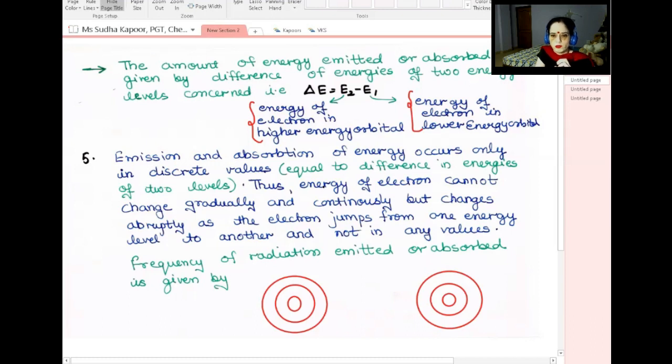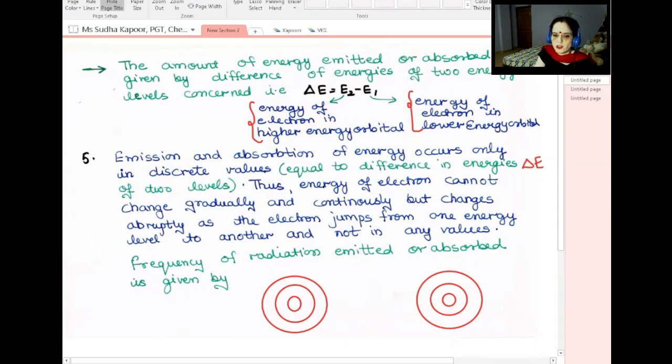So emission and absorption of energy occurs only in discrete values, which are always equal to the difference in energy of the two levels, that is delta E. Thus the energy of the electron cannot change gradually or continuously, but it changes abruptly, as the electron jumps from a lower energy level to a higher energy level, or from a higher energy level to a lower energy level.